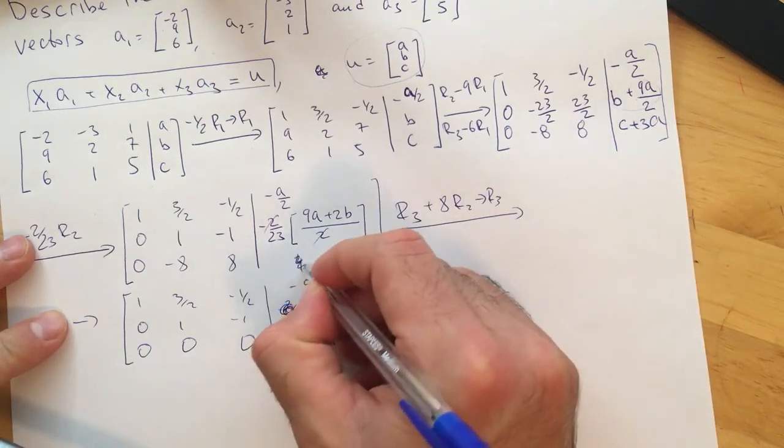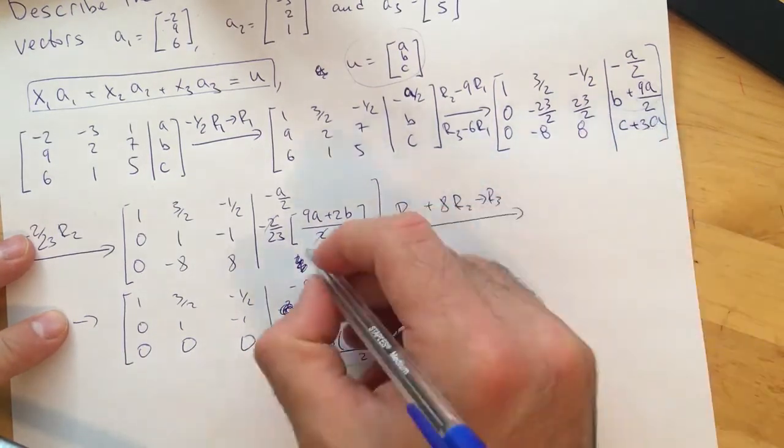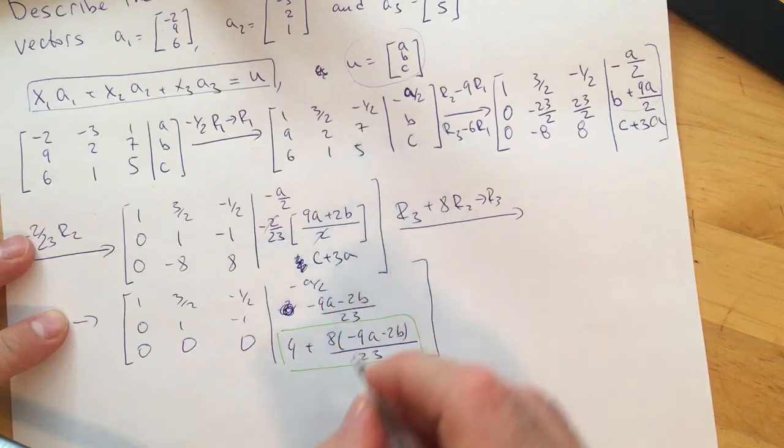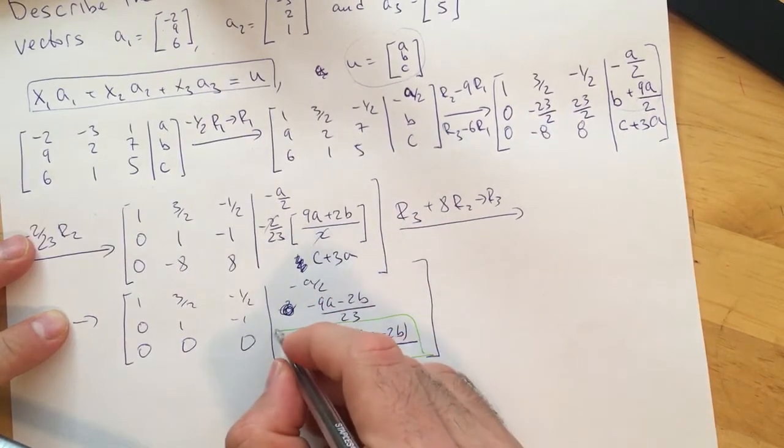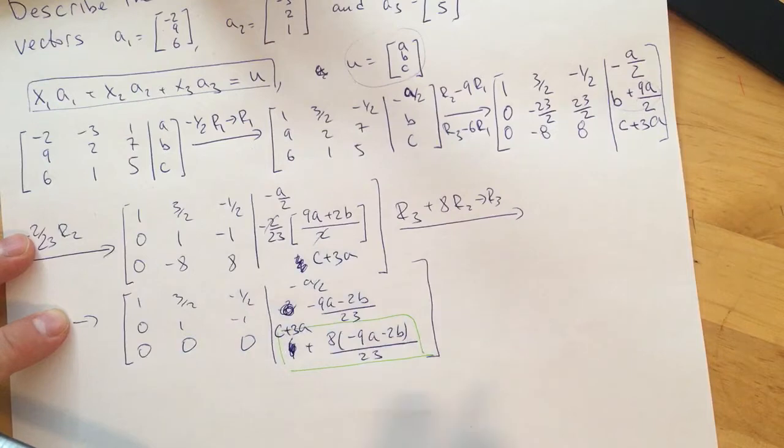Oh my god, sorry about that, I copied it wrong. This is c plus 3a, my bad. So instead of 4, it should be c plus 3a.